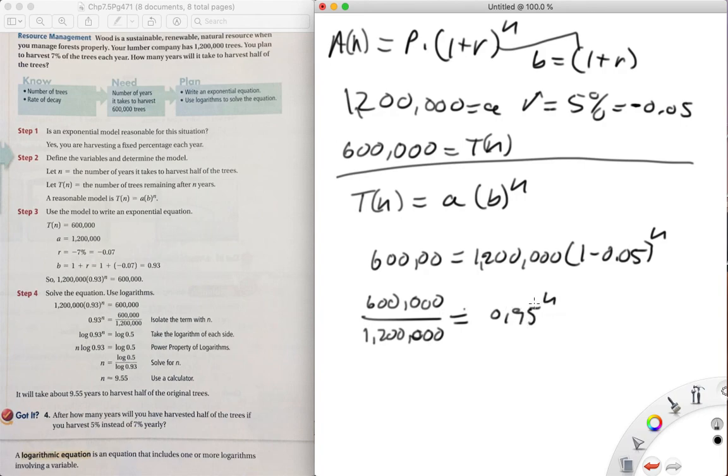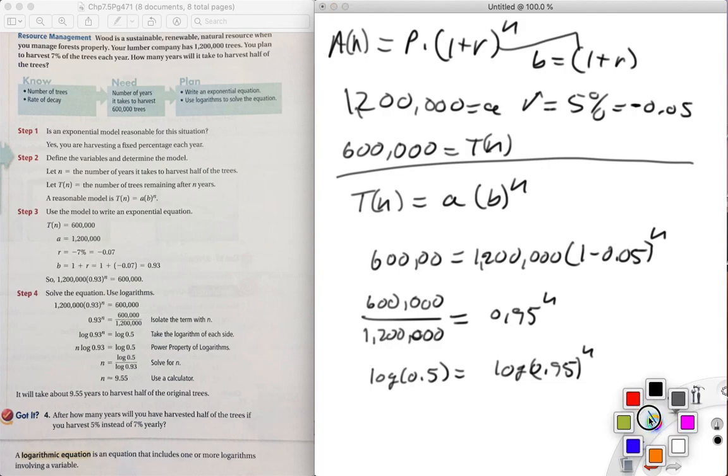to the n, and we're going to log both sides. We're going to do the math here, that's 1/2, so 0.5, so we're going to have log of 0.5 equal log of 0.95 raised to the n. And remember, when we raise something to the n and we log it, that n drops up front.